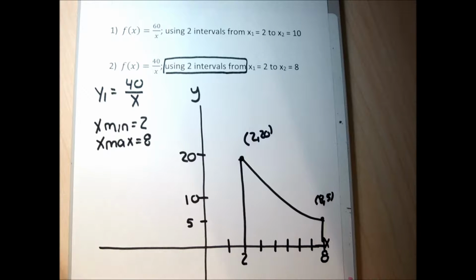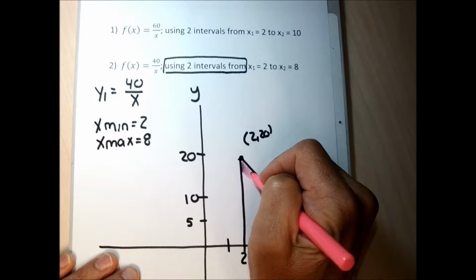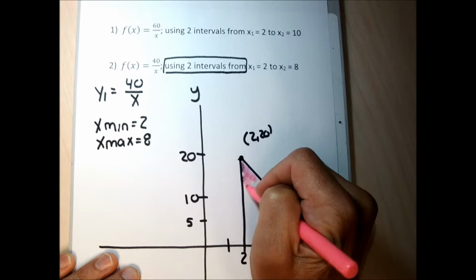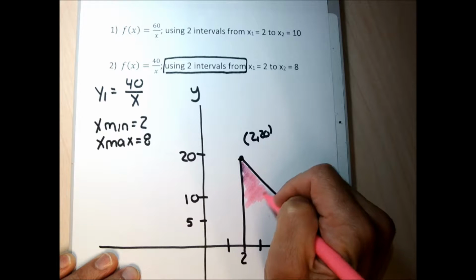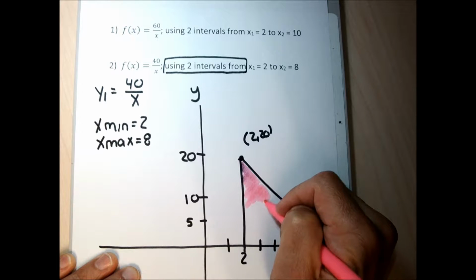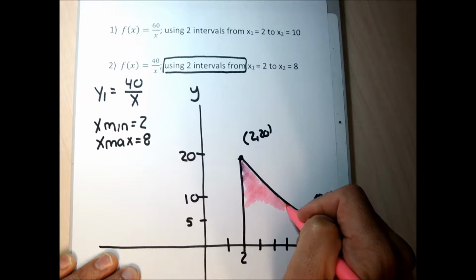So what my goal is to find exactly, I'm going to shade it in for you. This is my goal. My goal is to know exactly what the area is above the x-axis, below the graph of y equals 40 over x between x equal to 2 and x equal to 8.